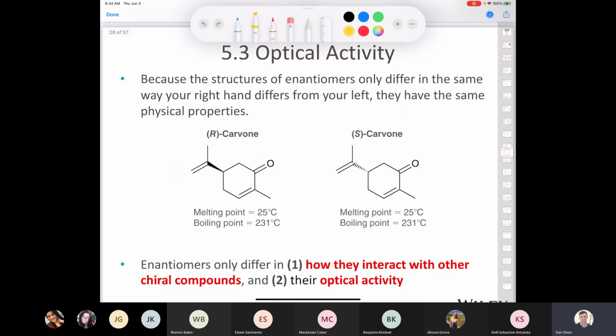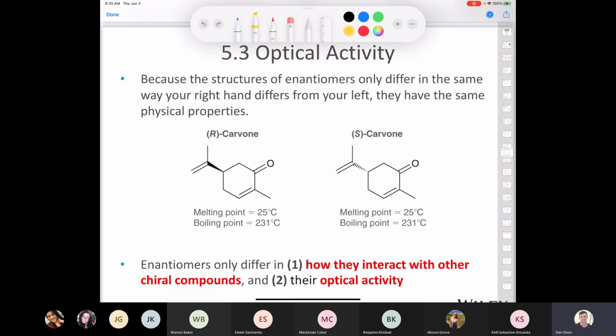So the packing or the interaction between molecules is what governs their physical properties, doesn't it? So they're going to have the same physical properties. What does that mean? You can't differentiate between enantiomers using melting or boiling points or refractive indices or densities. It's not going to work.